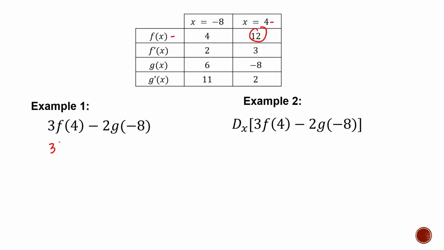So this is 3 times 12 minus 2 times g of negative 8. g of negative 8 is 6. So this is 36, 3 times 12, minus 2 times 6 is 12.